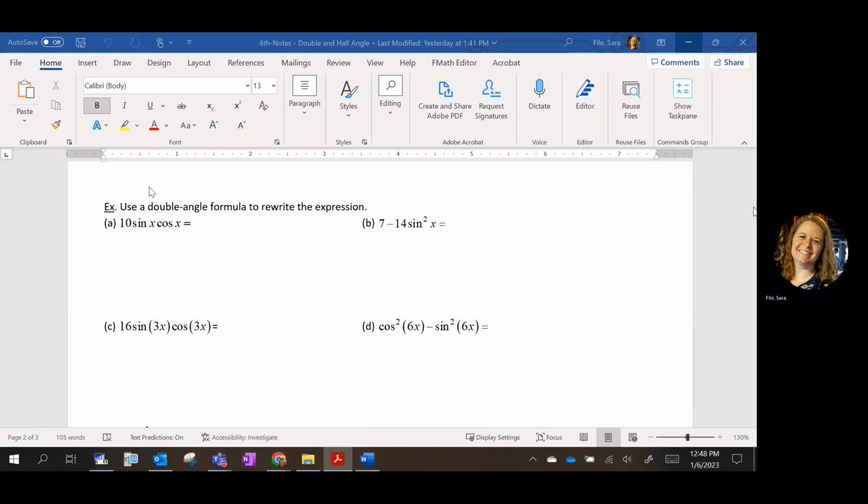Like 10 sine x cosine x isn't an identity, but what is an identity that looks really close to this? 2 sine x cosine x. Is there a way that I could rewrite this so that I do have that identity? 2 is a factor of 10, isn't it? So I could write it as 5 times 2 instead of as 10. Okay, so I'm going to do that.